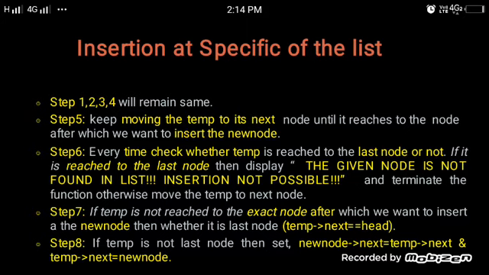In step 6, every time check whether temp has reached the last node or not. If it has reached the last node, then display that the given node is not found in the list and insertion is not possible, which means there is no memory or there is overflow.